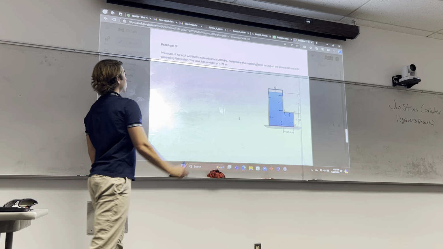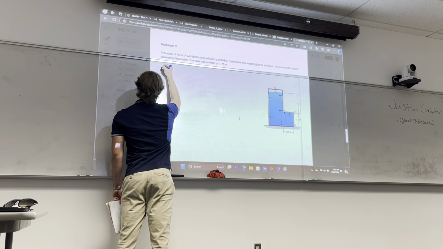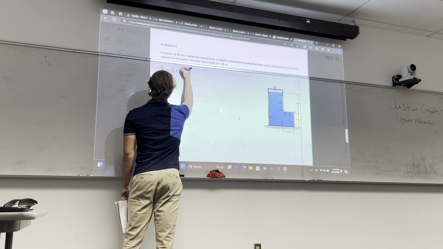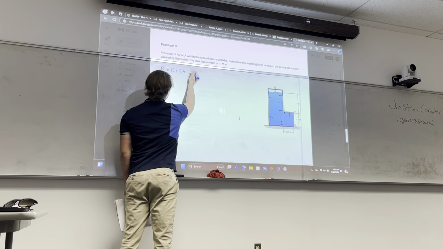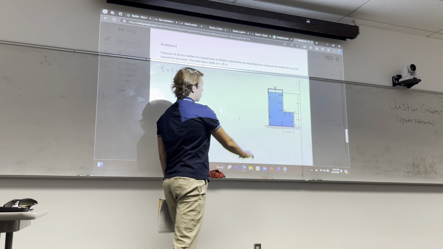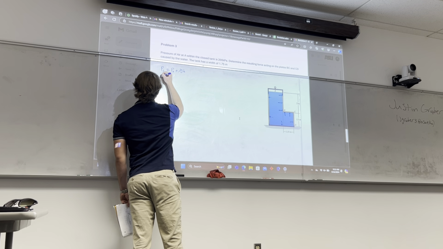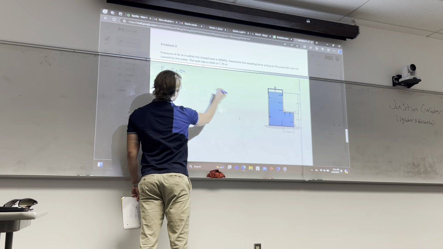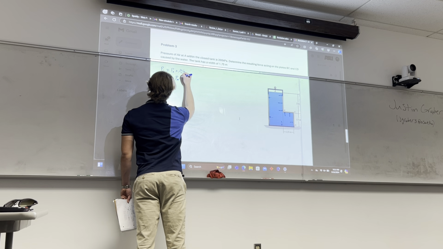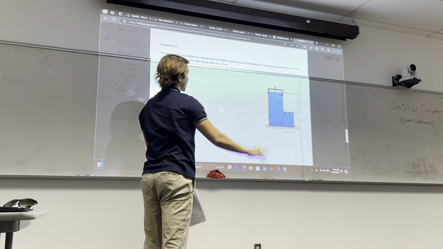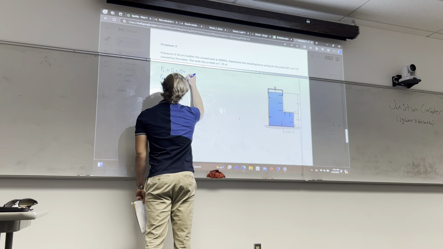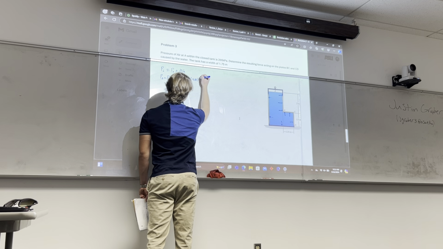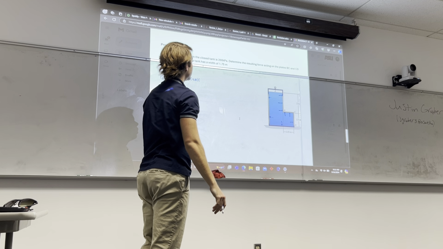So let's get going. Recall P_i equals your initial overpressure plus rho g h. So in this case, PB equals PC equals PA plus, we already had that, 1,000 times 9.81 times our height, which is 2 meters.